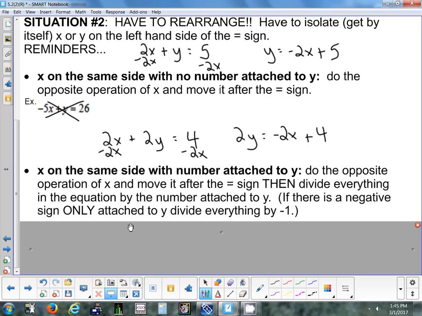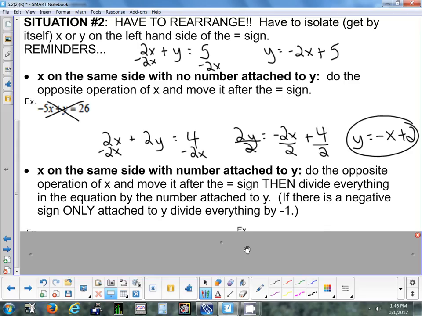What number? 2. What am I going to divide everything by? 2. That's what's attached to y, that's what I divide everything by. It'll look like y equals negative x plus 2. Y is by itself. So that's 2 steps. All right? X on the same side as y, number attached to y.